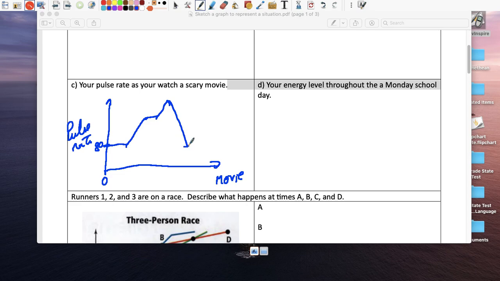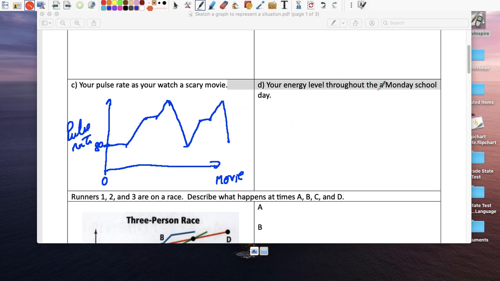And again, another scary scene comes up, and you can go up, etc. And then your heart rate, you're expecting something, and it might go up again, and then it's going to drop. So your pulse rate as you watch the movie could go up and down. It can go up, stay up, and then go up again, even higher if it's even scarier, but it fluctuates up and down.